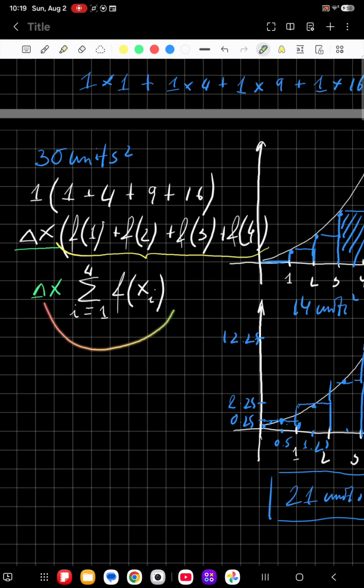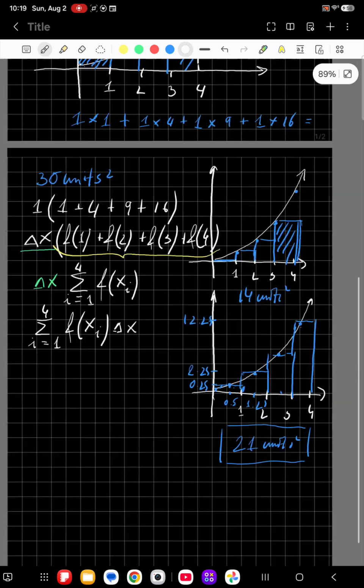So I'll just move it here. Finally, we'll be dealing with something like this: the summation from i equals 1 to 4 of f of x_i. So suddenly something that was quite simple became quite complicated because of that notation.